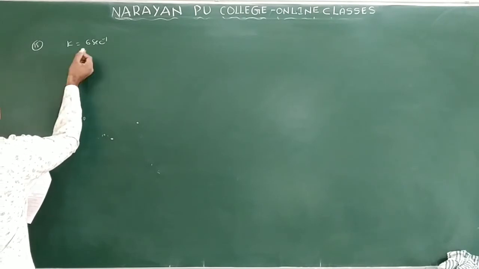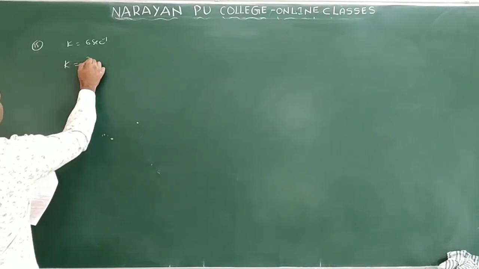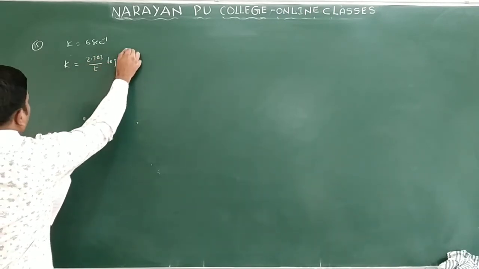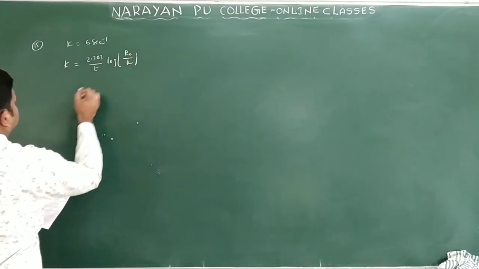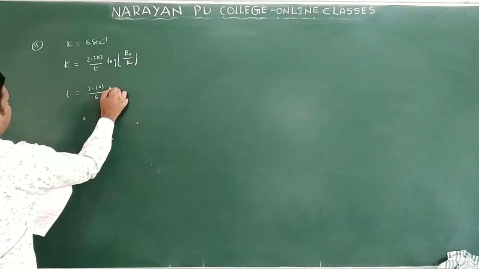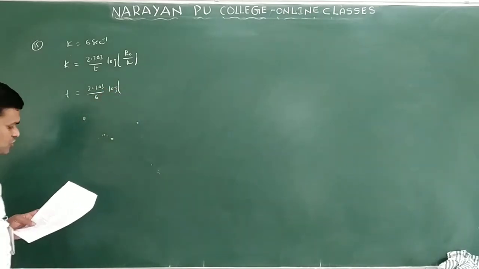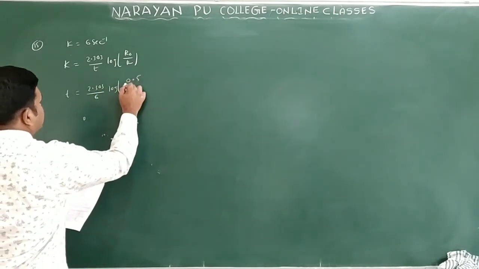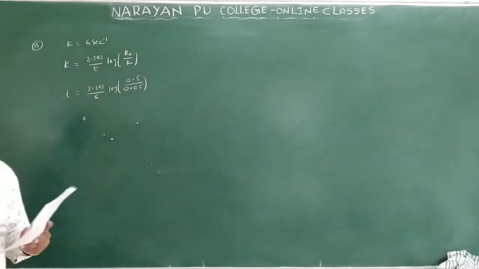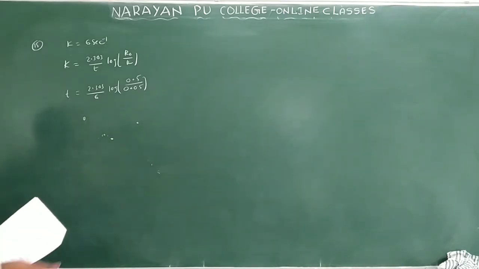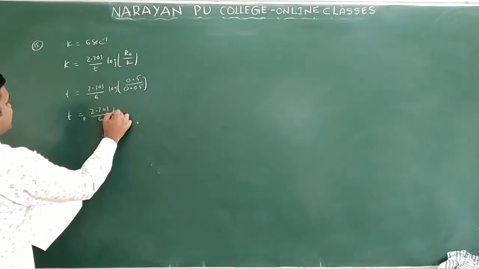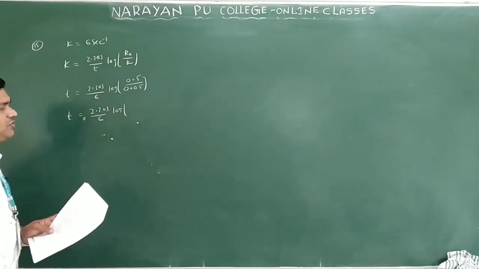Initially I did not write all the information. Directly I am writing the formula for the first order. K is equal to 2.303 by T into log R naught by R. So T is equal to 2.303 by 6 into log 0.5 by 0.05.